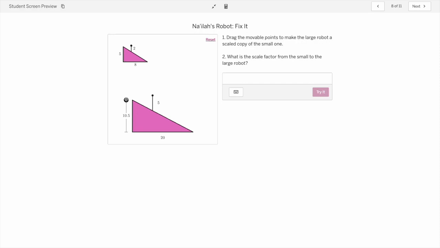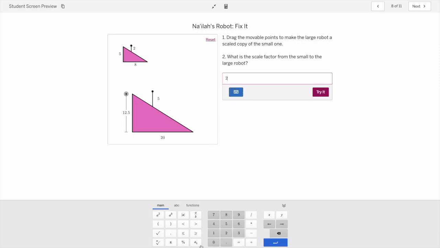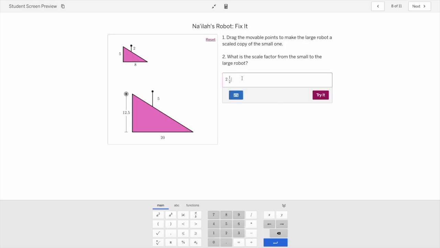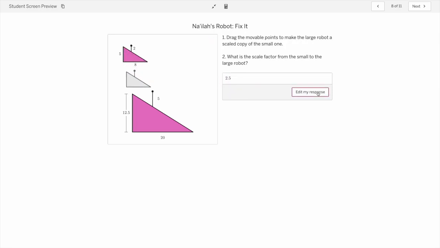So 5 times 2.5 would be 12.5. Now, every value on the small robot has been multiplied by 2.5. Our scale factor is 2 and 1/2. We could have also written this as 2.5.